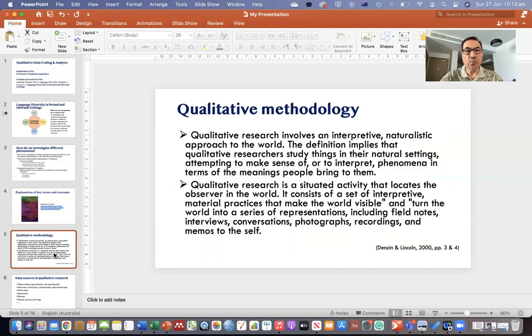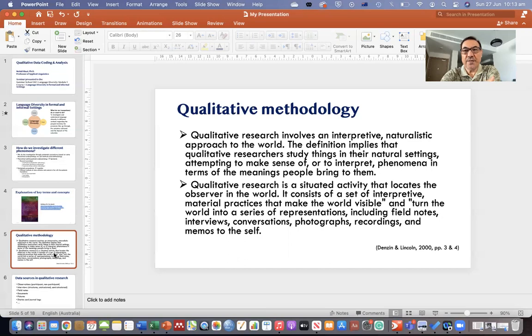So now let's move on. Since in this presentation, our focus is on qualitative data coding and analysis, let's see what qualitative methodology, which belongs to an interpretive research paradigm, is about. Qualitative research, as Denzin and Lincoln have stated, involves an interpretive, naturalistic approach to the world.